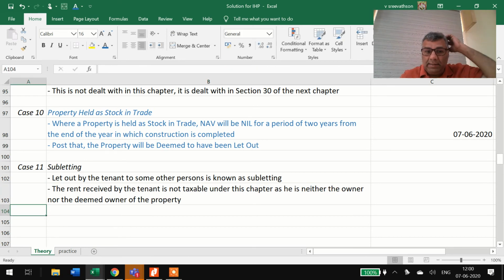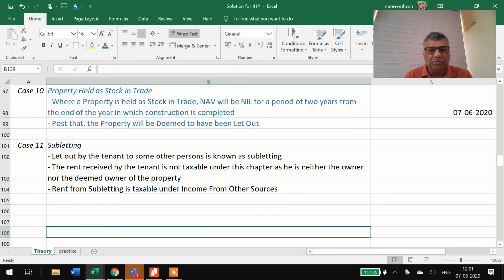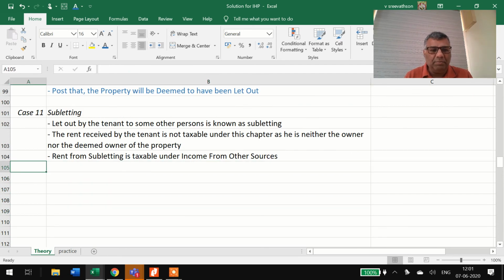Subletting is allowed, with the owner's permission. Rent from subletting is taxable under income from other sources.